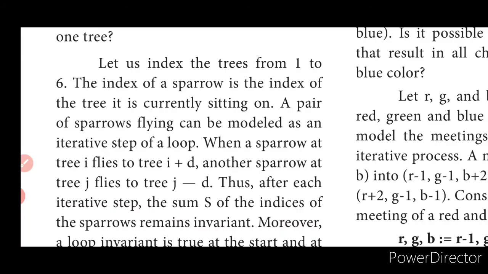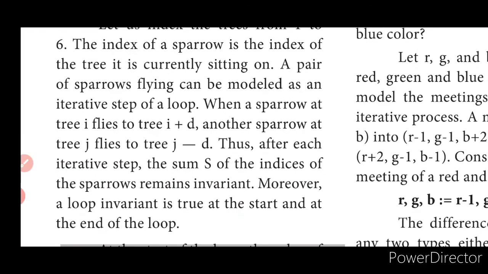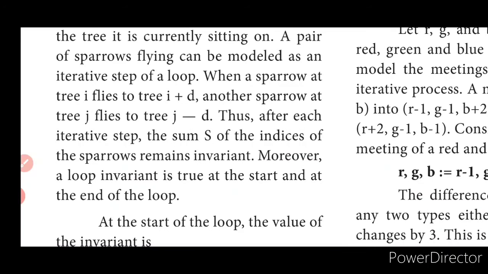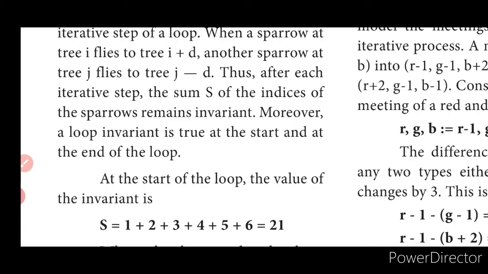Another bird sitting in tree j flies to j minus d, because it flies in the opposite direction. Thus, after each iterative step, the sum of the indices of the sparrows remains invariant. Moreover, a loop invariant is true at the start and the end of the loop.